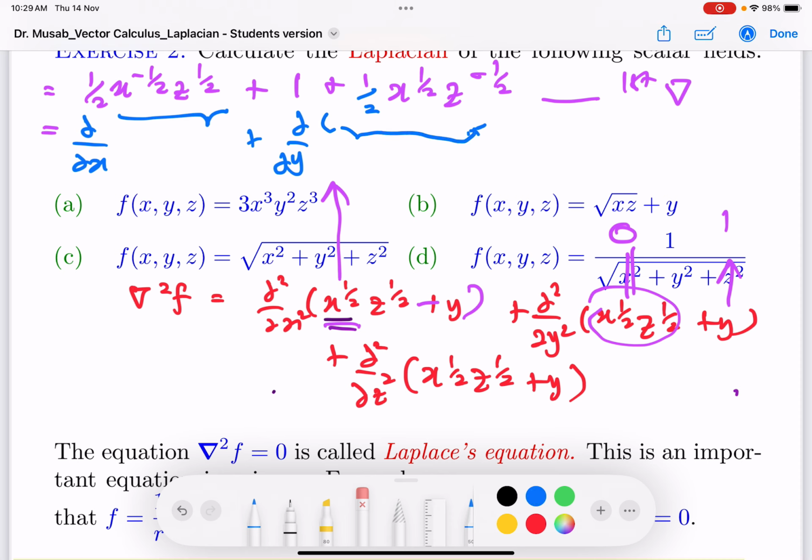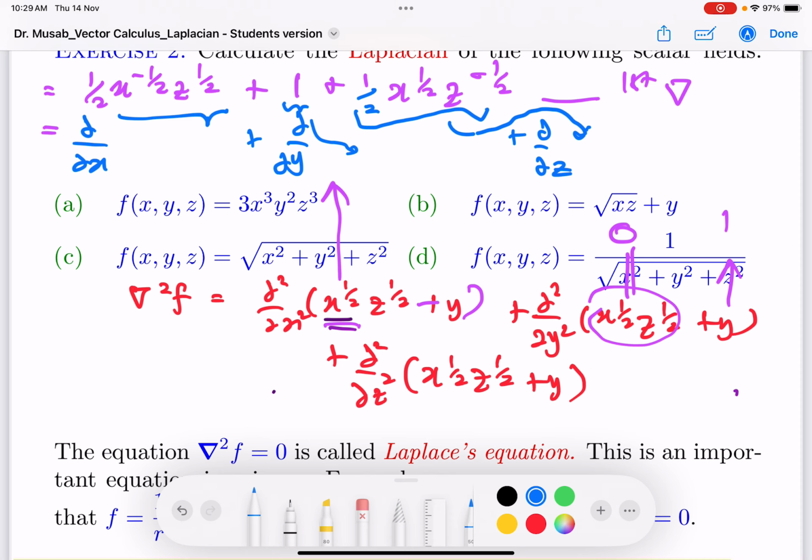And then the last part, this, I take the position. I mean, this one should be here. And then for the last part, z, the whole component in here.